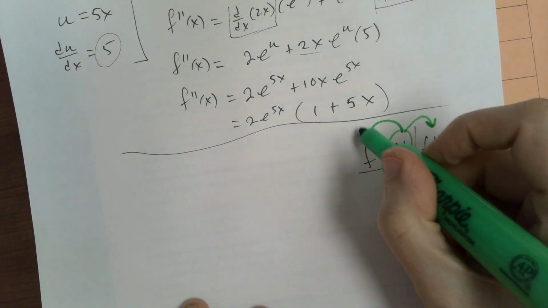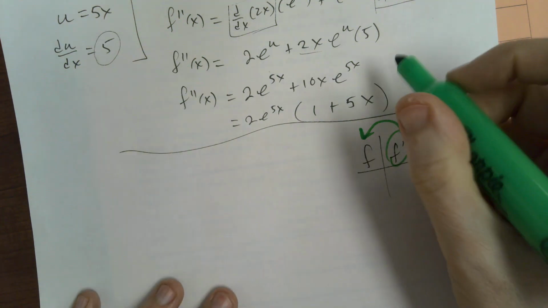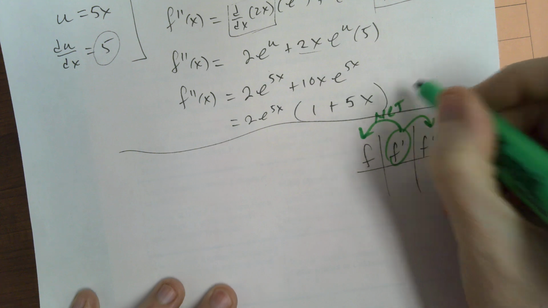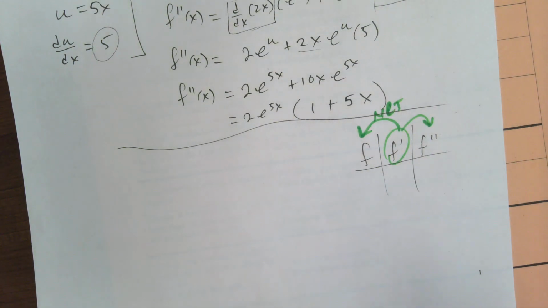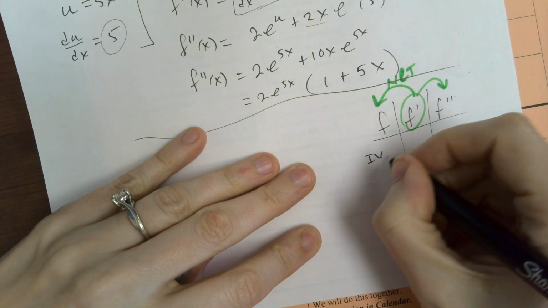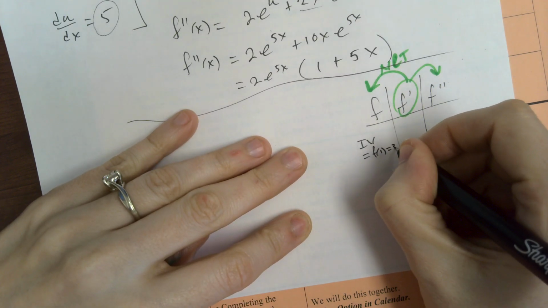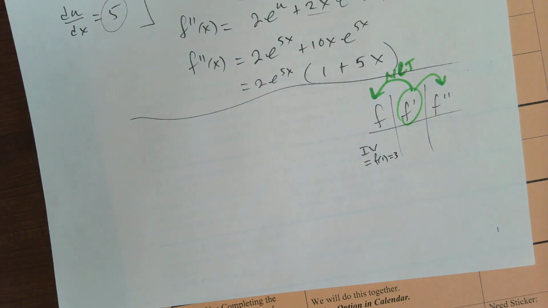But now we need to go backwards. So to go backwards, you're going to need to do the antiderivative because you're going to need to use the net change theorem. Net change theorem to go backwards. And they gave us the initial value. So the initial value is f of 1, which is equal to 3. Okay, so that's the initial value.